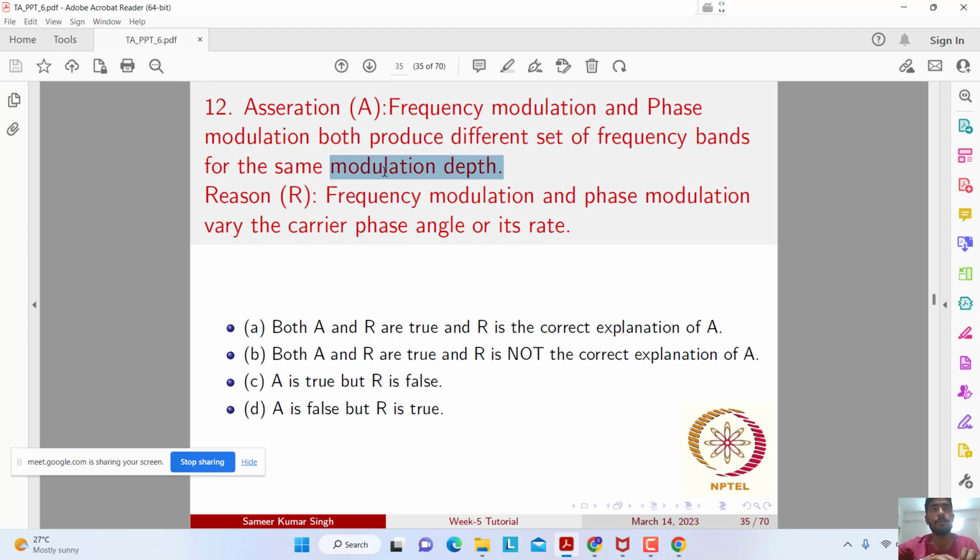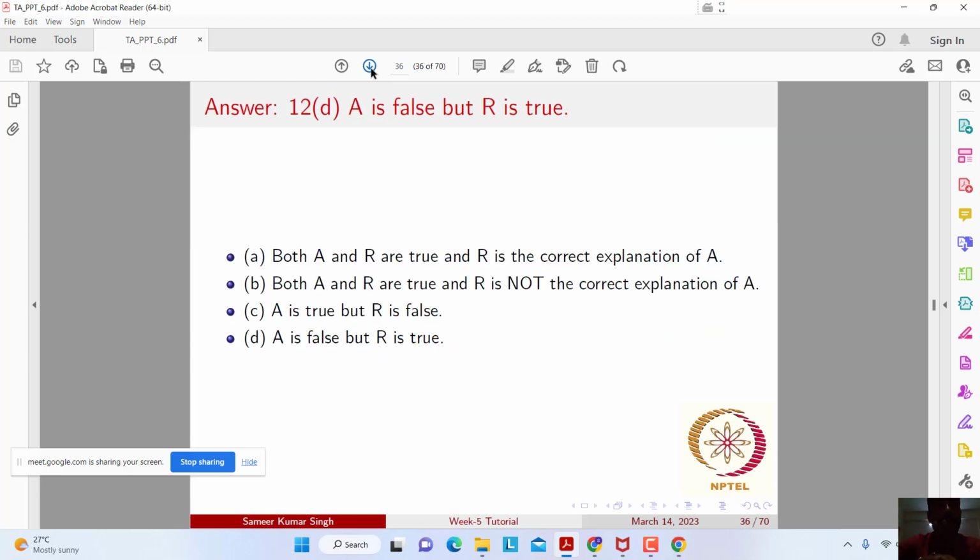This term signifies the modulation index. So the explanation, actually D part is the right answer.